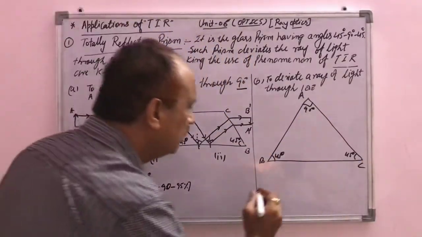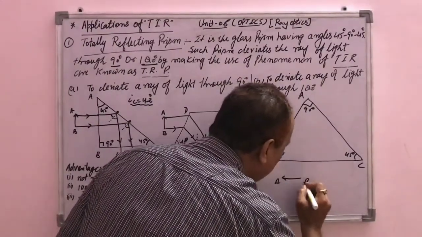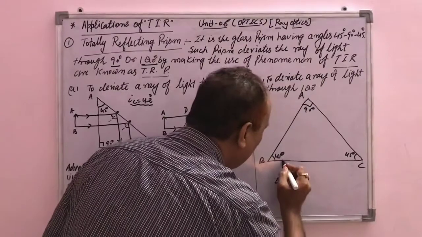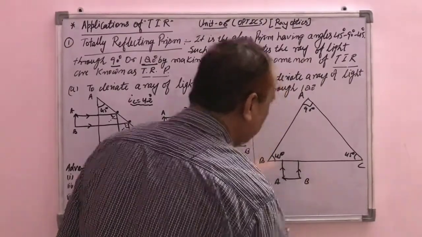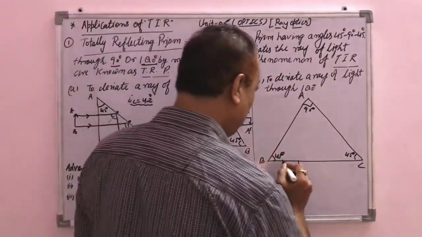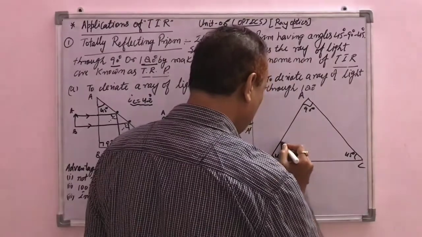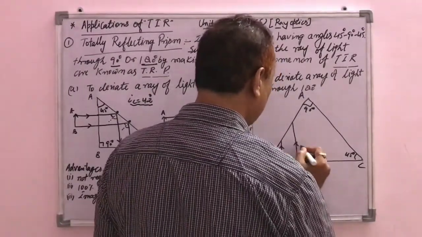Now in that case, suppose the object AB is placed here. The ray is incident normally on the base of the prism like this, and because it is incident normally, it will be refracted along a straight line, moving along a straight line.